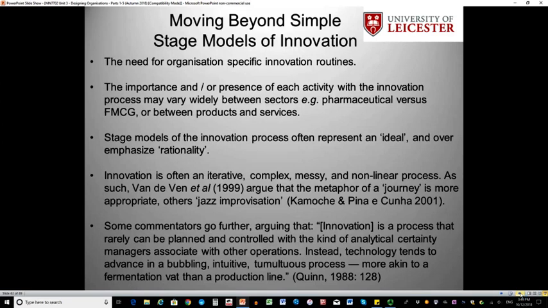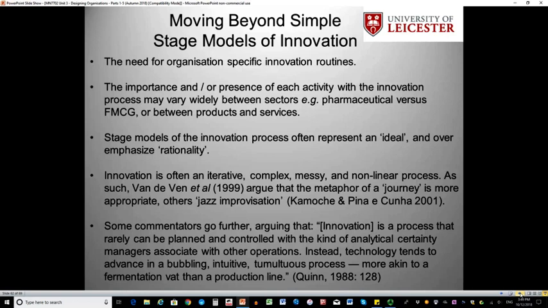Now, I guess the first stage is to think about what are the problems with the existing stage model approach. Well, firstly, I think we have to be really careful adopting a single stage model.